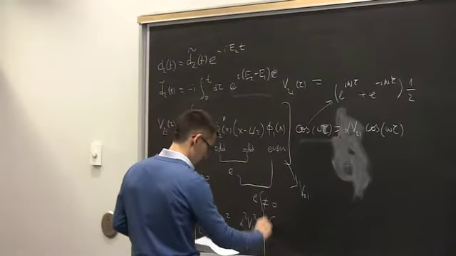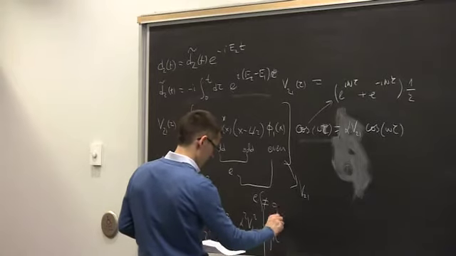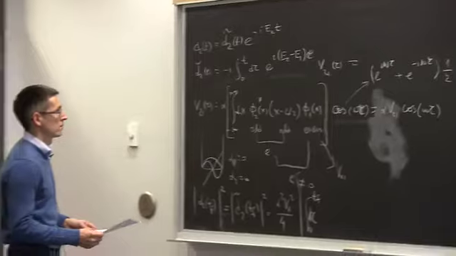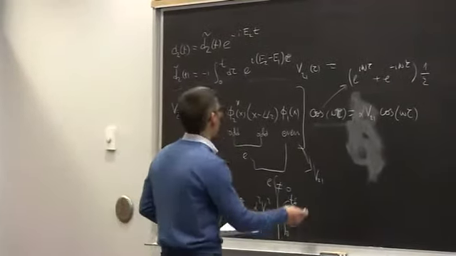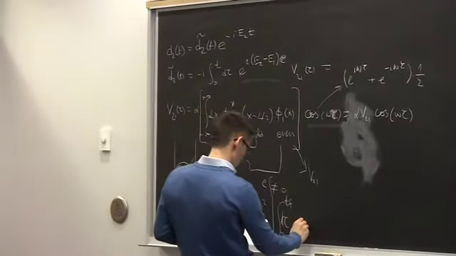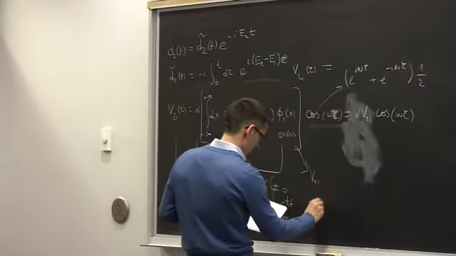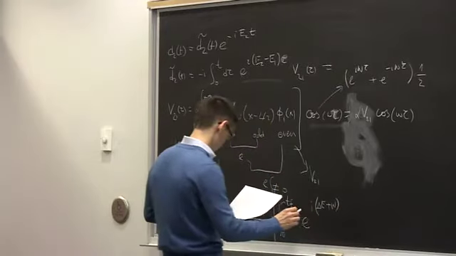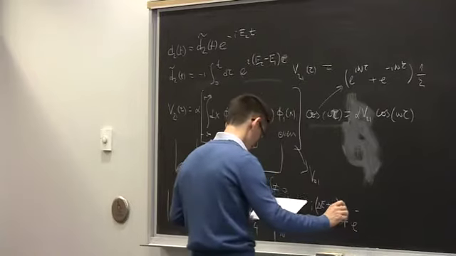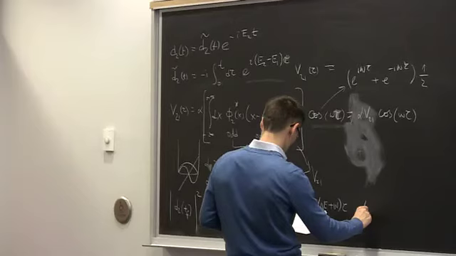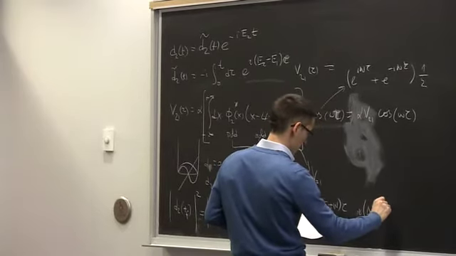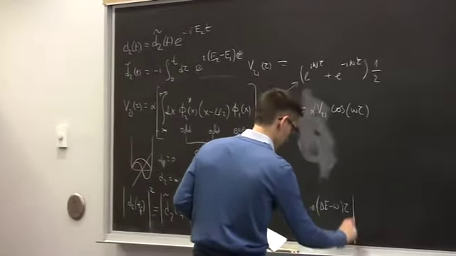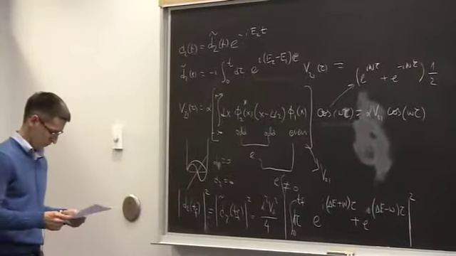Okay, so we have the absolute value of the integral of d tau from 0, and then we will have the following 2 exponents: i delta E plus omega tau, and i delta E minus omega tau, squared.